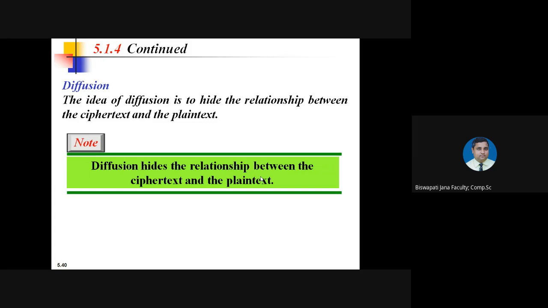But the terrorists try to hide the relationship. If there is no relationship, technically they cannot find it. If this relationship is hidden, then you can call it a very good technique, and diffusion is a parameter by which you can measure the relationship between the ciphertext and plaintext.